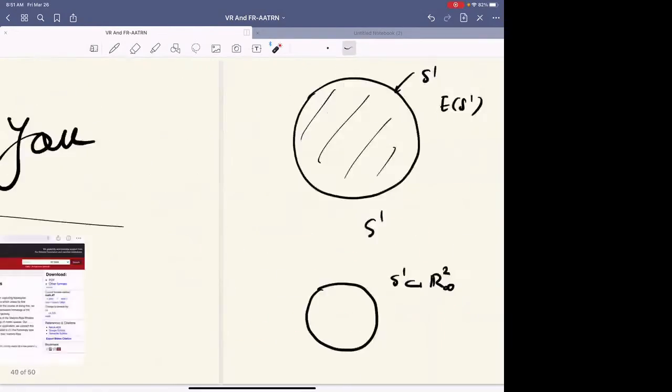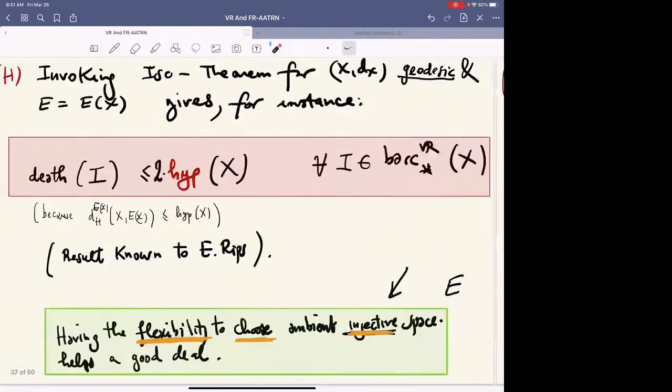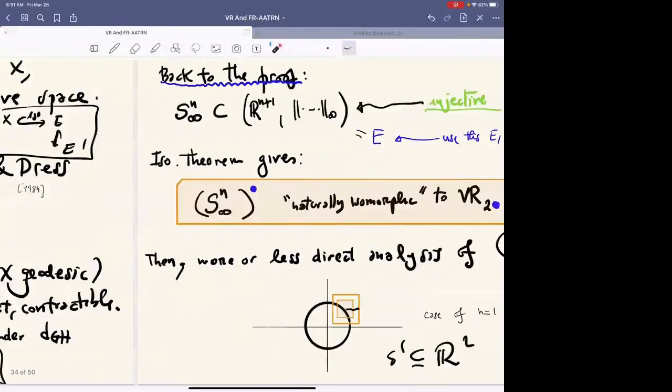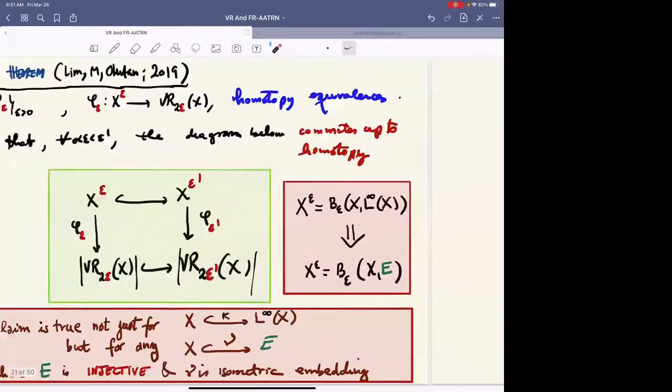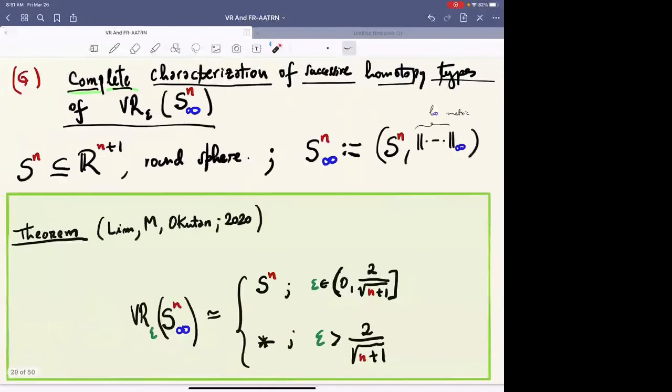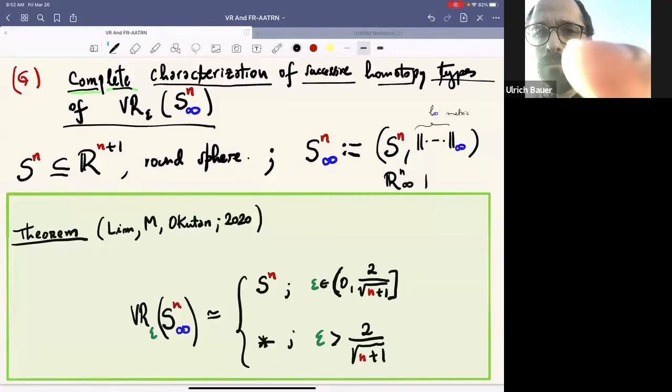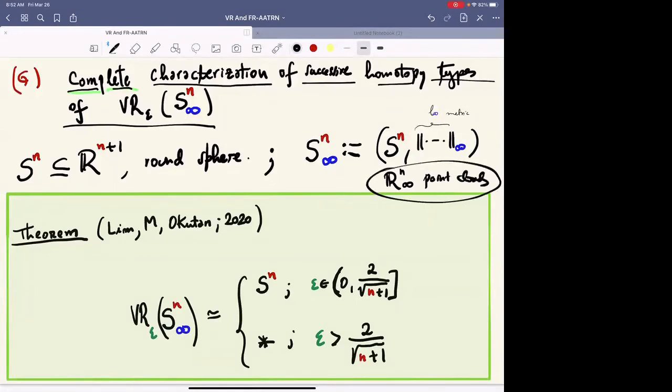But I wanted to mention something I forgot to say before, that I recently came across a paper where the authors are thinking of point clouds and the impact of persistent homology on point clouds in Rn infinity.